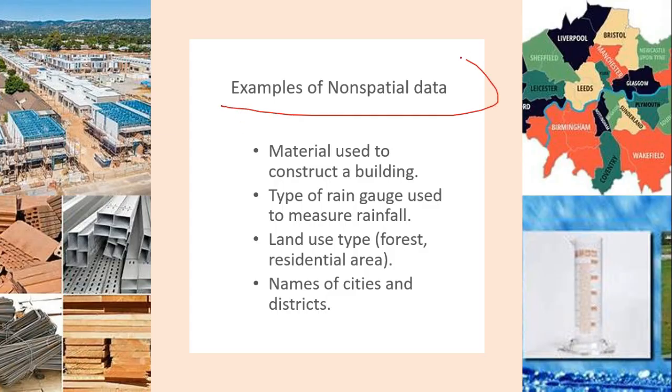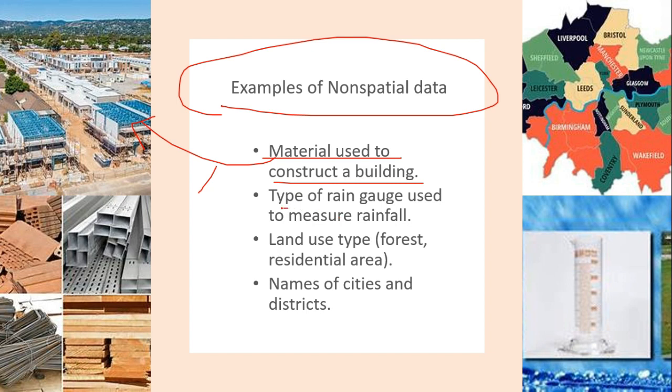Examples of non-spatial data are the material used to construct a building, the type of rain gauge used to measure rainfall, land use types, and names of cities and districts. This kind of information falls within non-spatial data.